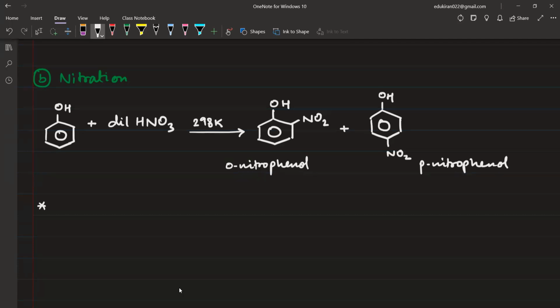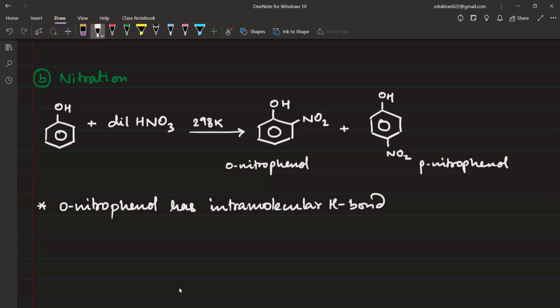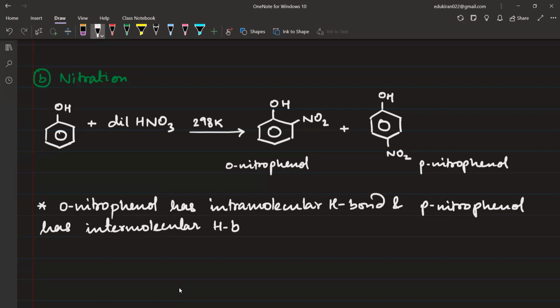Now please write a point here. O-nitrophenol has intramolecular hydrogen bond and p-nitrophenol has intermolecular hydrogen bond.